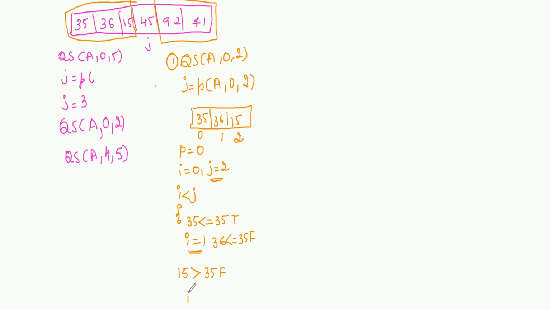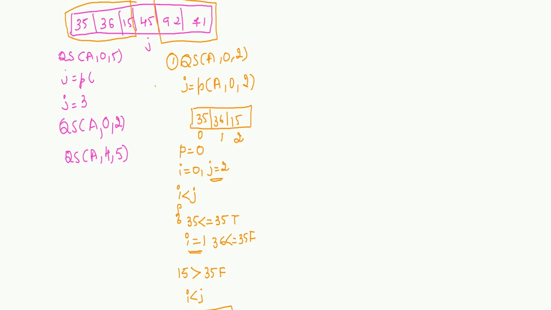I'm going to check whether i is less than j, which is true in this case. So since i is still less than j, we are simply going to swap A of i with A of j. Once I swap A of i with A of j, we have the values 35, 15, and 36. This is the value I'm going to get.